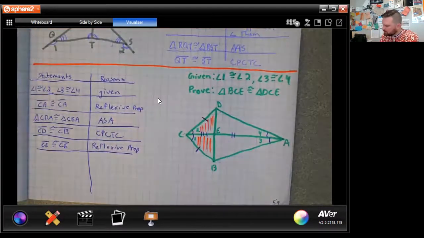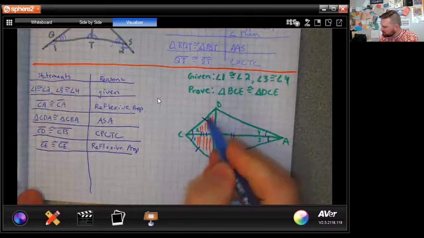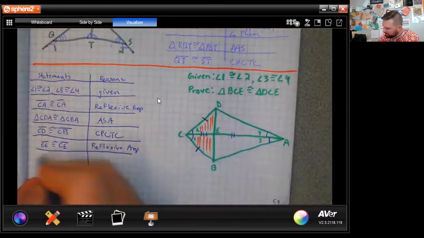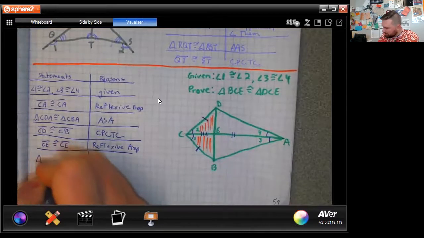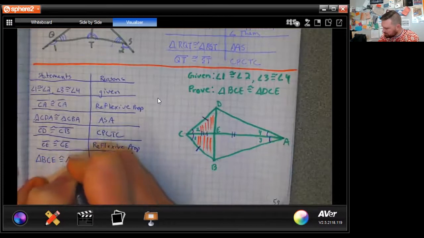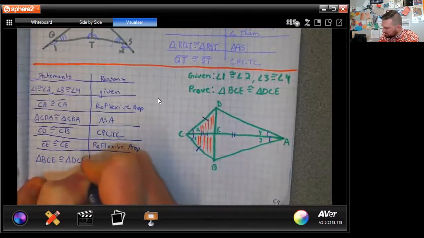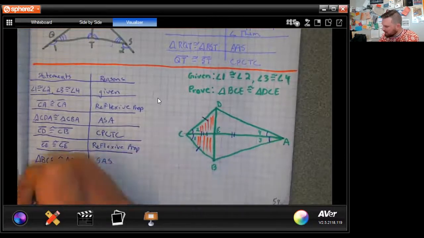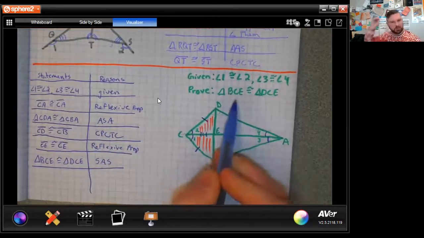Okay. So now I can say that these two triangles are congruent because of side angle side. So triangle BCE is congruent to triangle DCE by side angle side. And we're done because that's what I needed to prove.